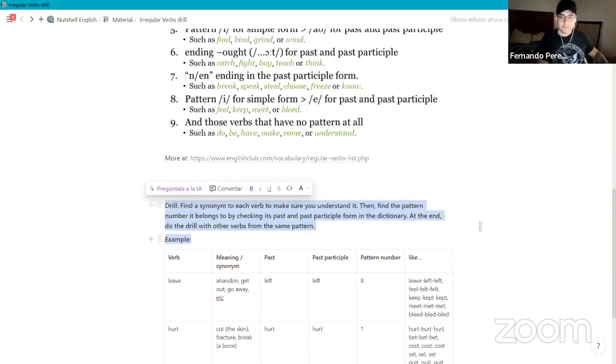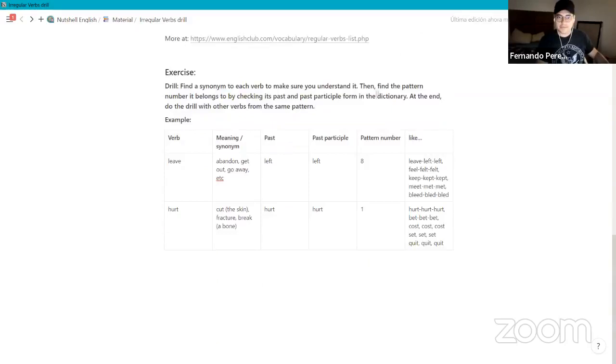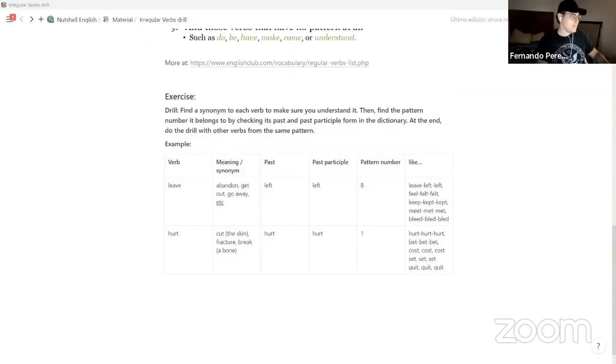Example, and then you have this. But teacher, how do I know what verbs are regular and what are irregular? Well, that's easy.